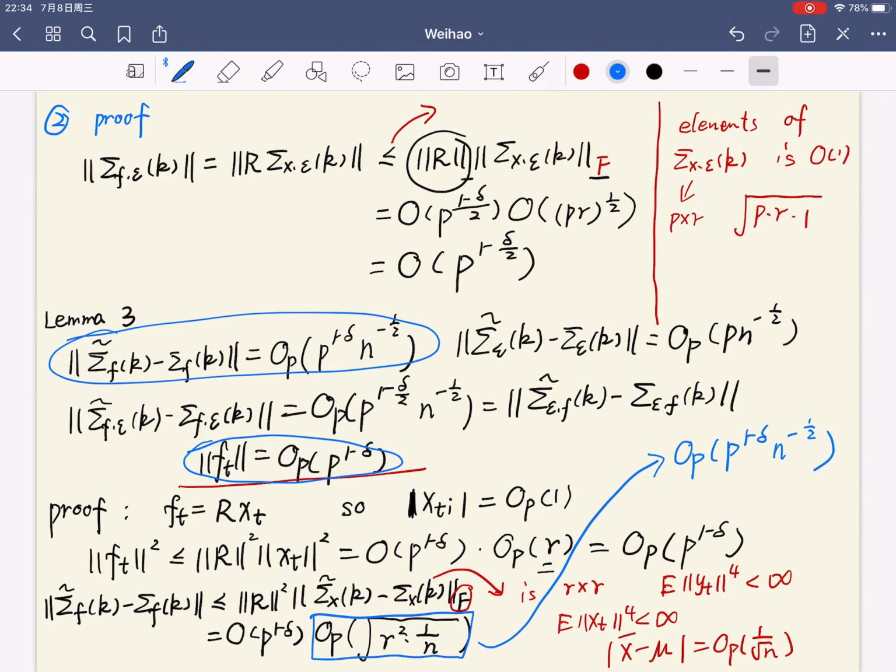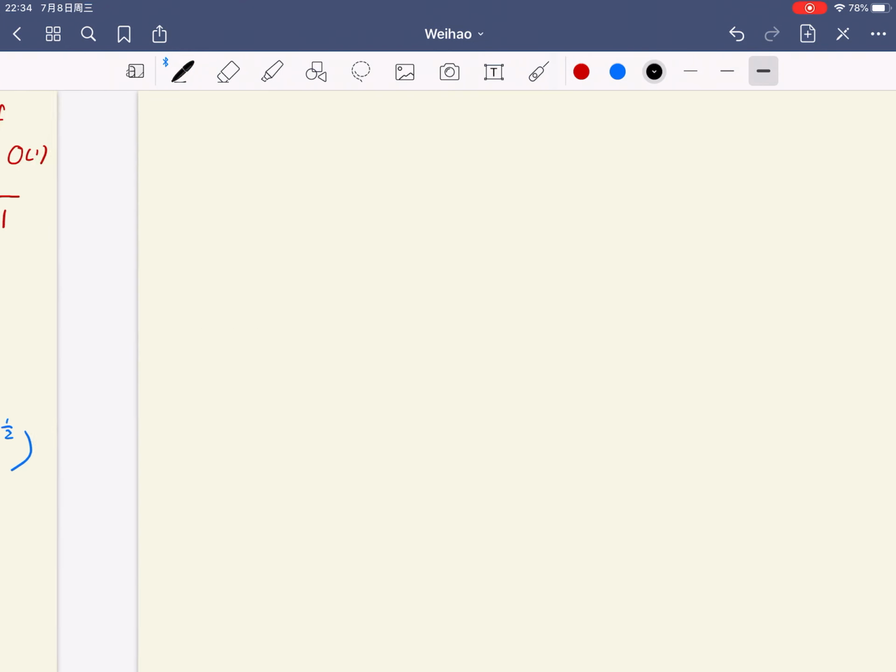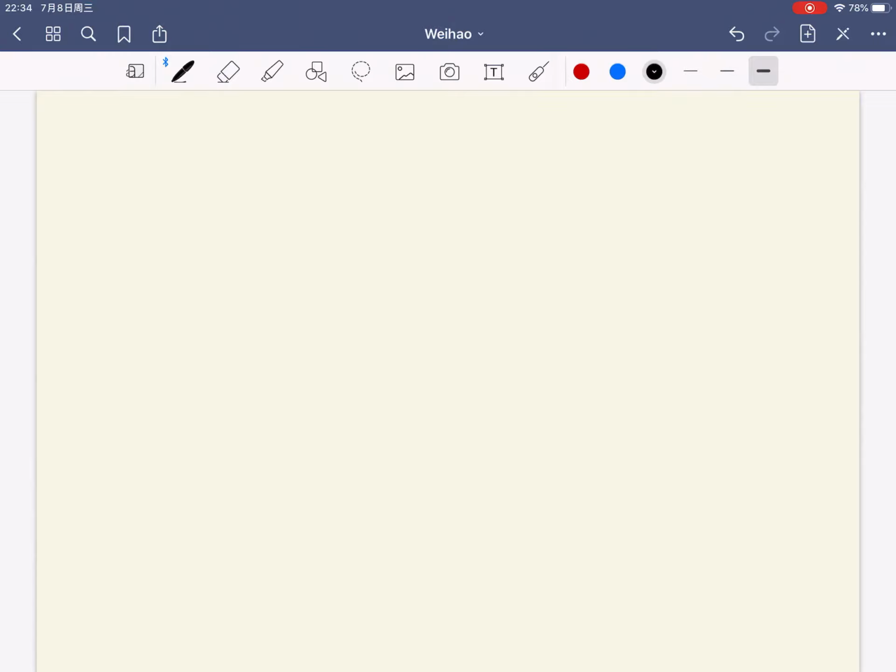Let's continue our proof. For the white noise part, we directly use the bound that the operator norm is less than or equal to the Frobenius norm.